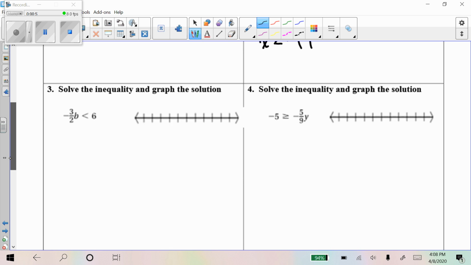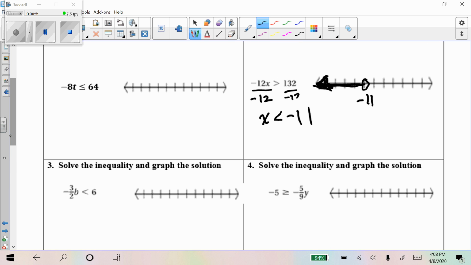And then when you're solving problems with fractions, like number 4, I suggested that you multiply both sides by the reciprocal. So you want to multiply by -9/5, because when you multiply -5/9 times -9/5, it equals 1y, which is what we want.